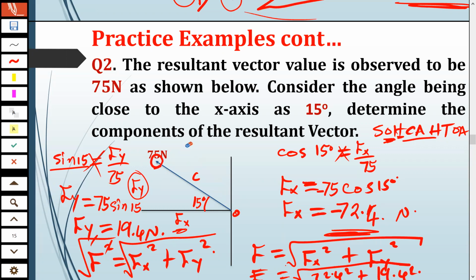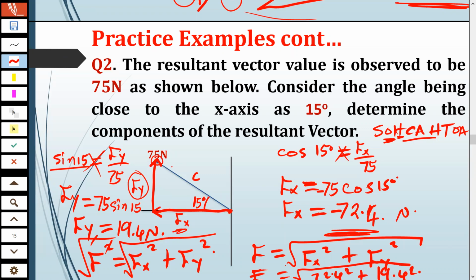If that is the direction we're taking, then we first have to go there, and then from there we go up to reach that point. That's the whole idea of vectors: to locate a position in space.